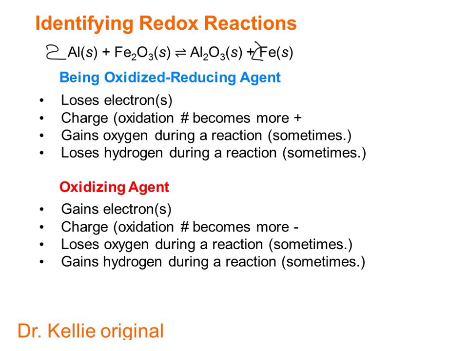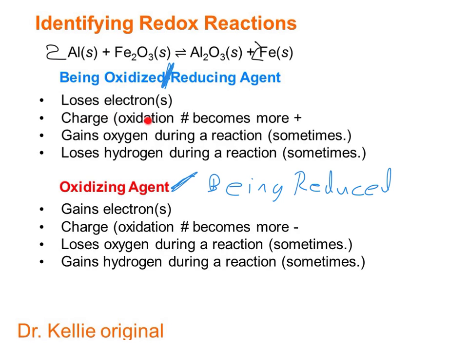identifying redox reactions and identifying who's being oxidized, which makes them the reducing agent, and the oxidizing agent, who is, of course, being reduced. If something is being oxidized, it's going to lose electrons.